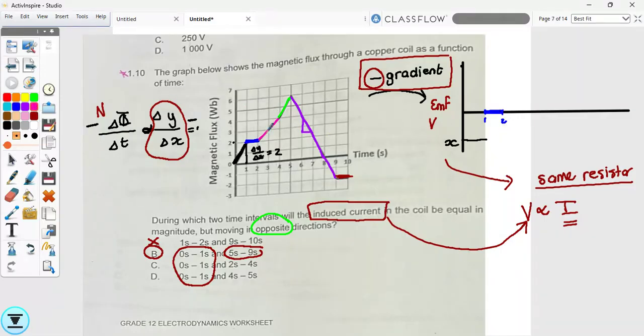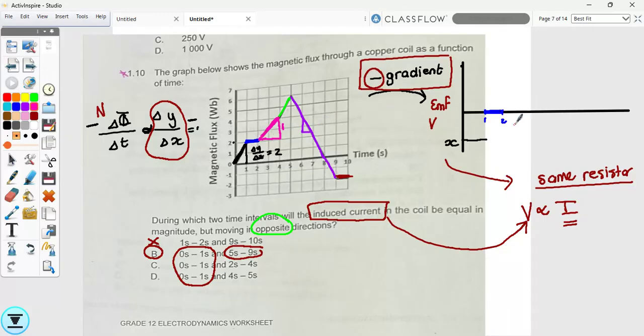Then let's look at the pink one. For the pink one, the gradient there is 4 to 2. So that change in y is 2, divided by 2. So that gradient there is 1. So change in y over change in x is going to be 1. That means if this was x, that pink one should be half x, but it's still positive.